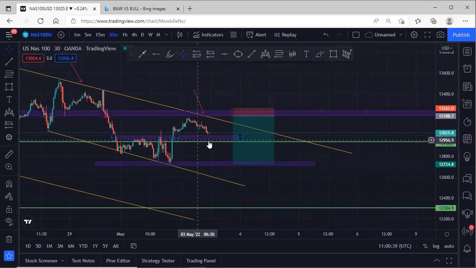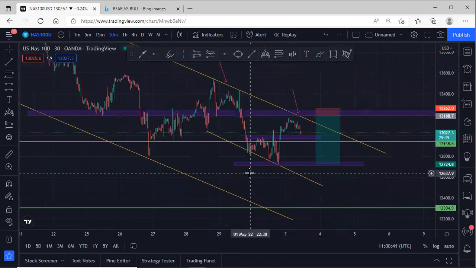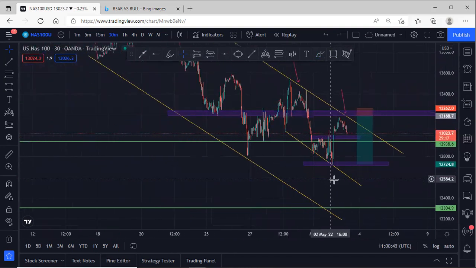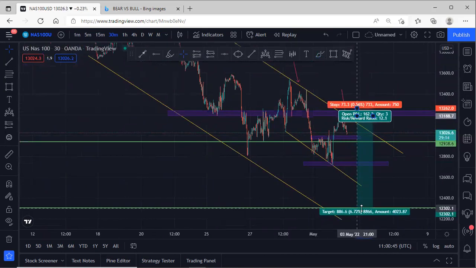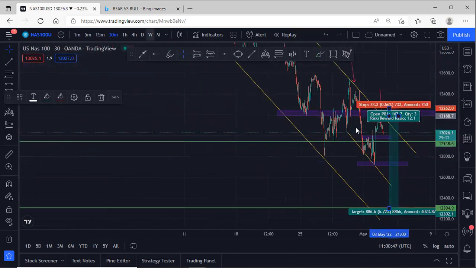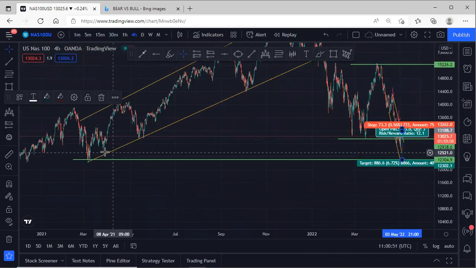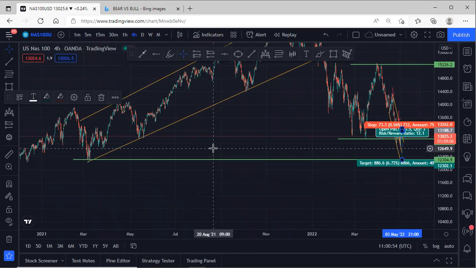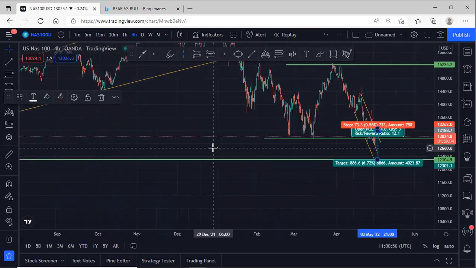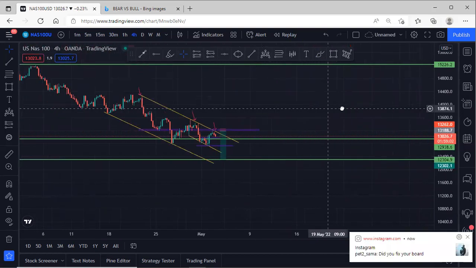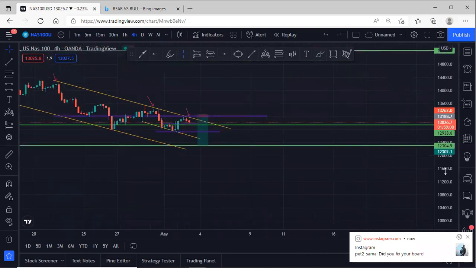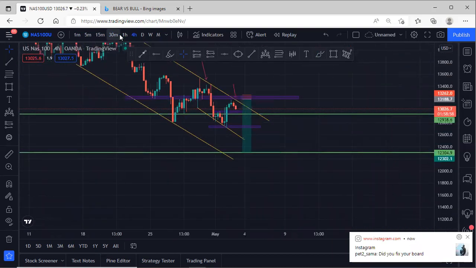If the market doesn't touch these areas and comes down here, then I'll be fine with that, and the market can obviously come to these areas, which is our 90% rule that I've been singing about all along. So yeah, this is my analysis for NASDAQ, and that's all I can say.